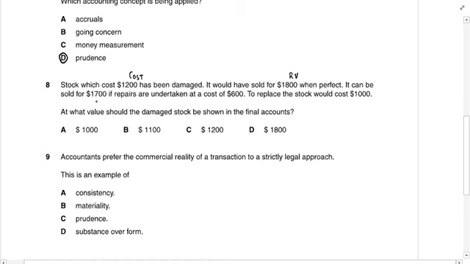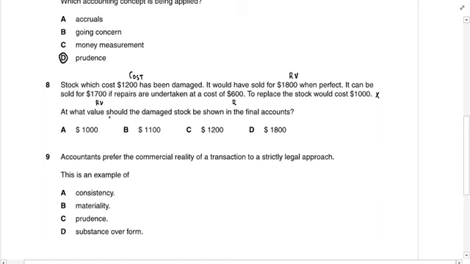So this is now the new realizable value. If repairs are undertaken, we would have to repair it. This is the repair cost. Then to replace the stock would cost 1,000. This is the replacement cost, but for the purposes of inventory valuation, this figure is not supposed to be incorporated.